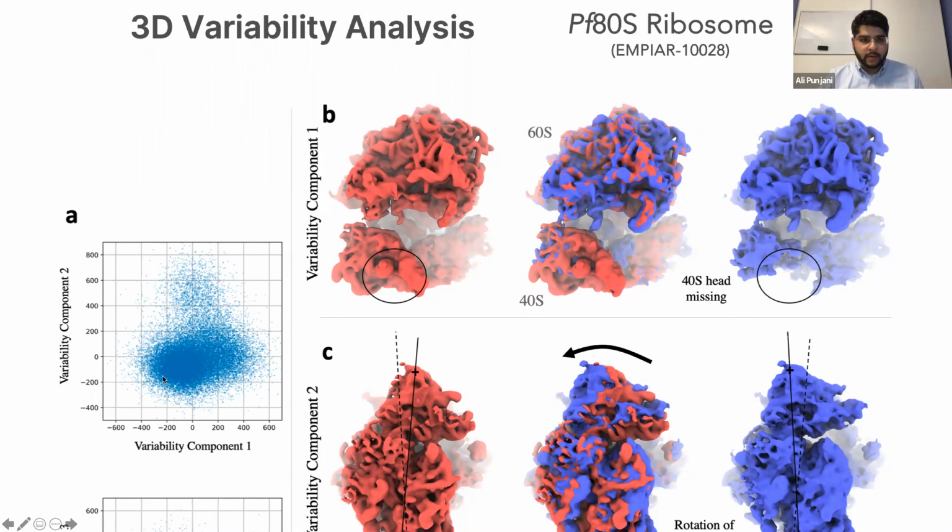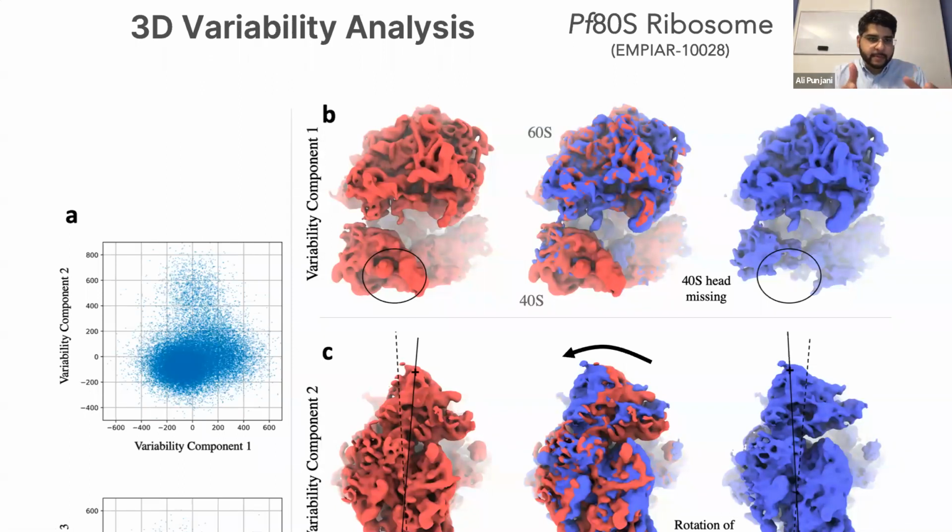They may be orthogonal and they may explain different motions or different changes, but it may be true that if a particle is on one end of one of the variability components, it's more likely to be on one end or the other of the second variability component, and therefore they're not independent. Hopefully that is making sense.